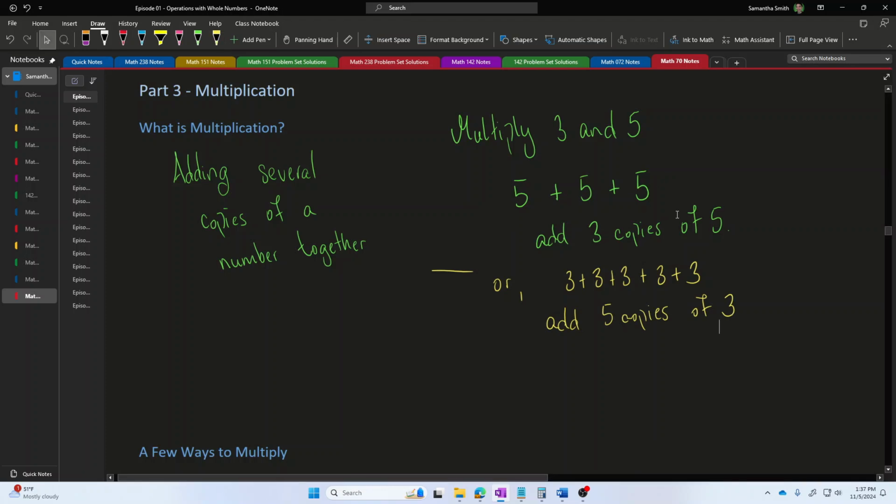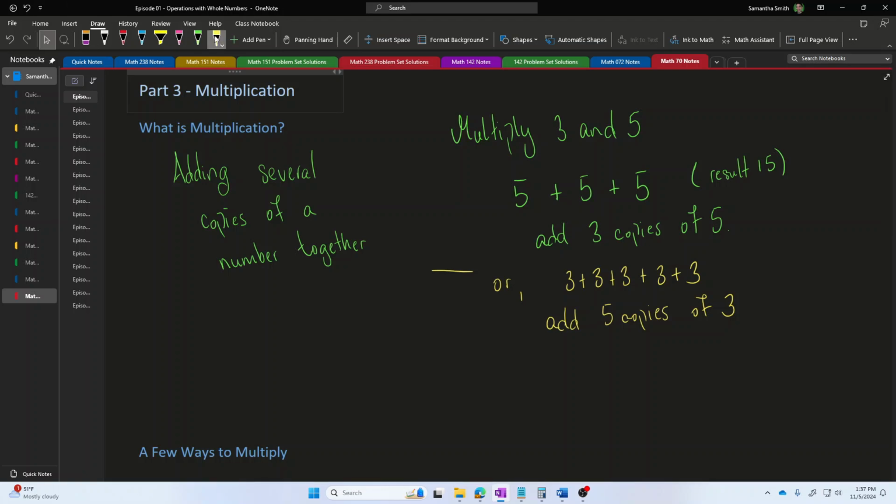If you calculate the result of these two additions, you'll find that both of them give you exactly the same answer. 5 plus 5 plus 5, if you calculate it in a calculator, will give you a result of 15.